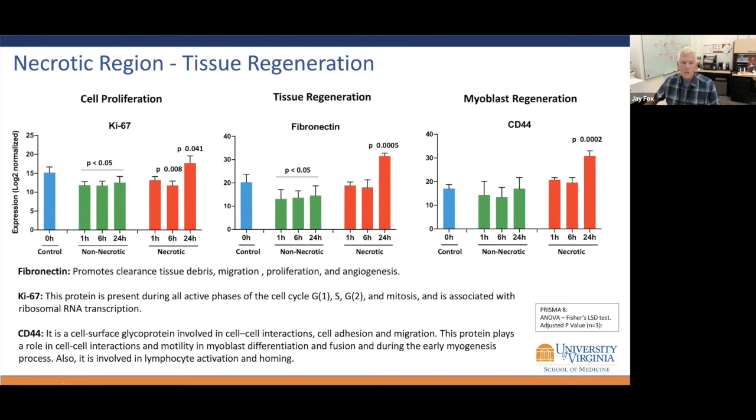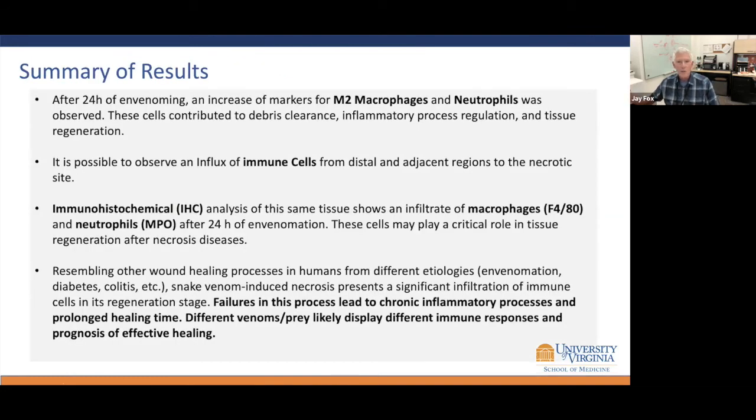The muscle of the mouse is perhaps not the best model. So, in summary, we're able to get a pretty good immunological picture of what's happening in the wound and how regeneration and healing is taking place. And we think it's going to give us insight into what venoms and what sort of tissues may be more amenable to morbidity or may give rise to morbidity and more amenable to various treatments.